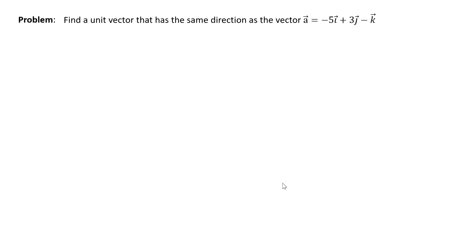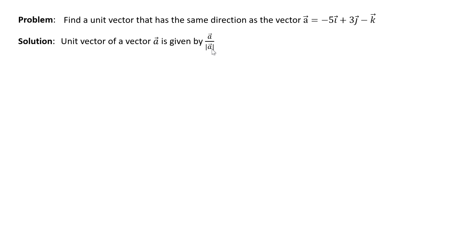How do we do that? We will need to do this quite a bit, so definitely pay attention to this if you do not happen to know this. You want to find a unit vector of A. You take that vector A and divide it by its magnitude.